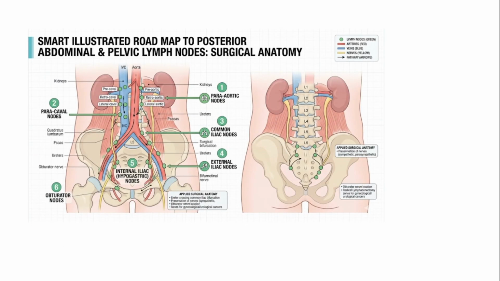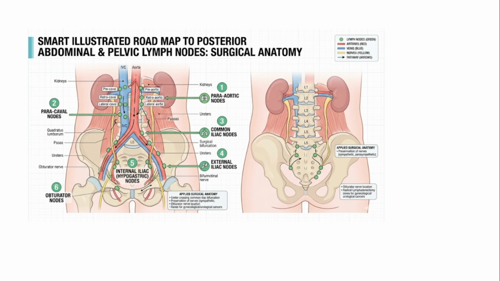This is our roadmap. It may appear complex at first, but we will simplify it in this video to illustrate our knowledge. The first group, the para-aortic lymph nodes, lie lateral to the aorta, and there are para-caval nodes on the inferior vena cava.